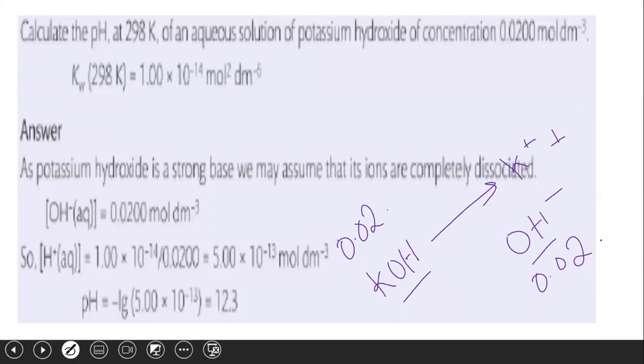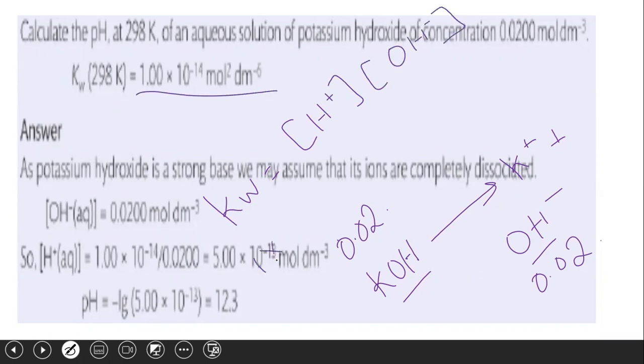This is where we will use the ionic product of water. The formula for the ionic product of water is the concentration of hydrogen ions multiplied by the concentration of hydroxide ions. Ionic product of water is 1 into 10 raised to power negative 14. We need to calculate the concentration of the hydrogen ions. The concentration of hydroxide ions is 0.02.